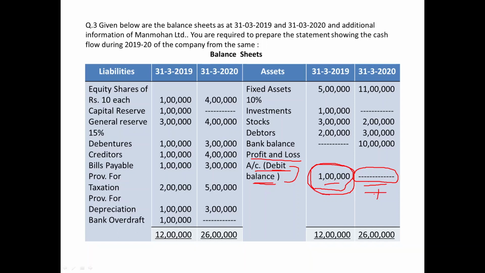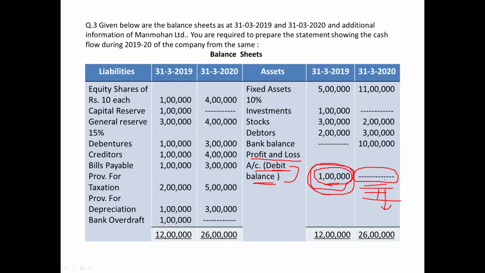The balance of profit and loss appropriation account became nil in the current year. कंपनी ने इस साल में 1 लाख रुपीस का प्रॉफिट अर्न किया है, तभी तो जाके पिछले साल की जो डेबिट बैलेंस थी, जो लॉस बैलेंस थी रुपीस 1 लाख की, वो वाइप आउट होकर इस साल में नील हो गई, क्योंकि इस साल में 2020 में कंपनी ने 1 लाख का प्रॉफिट अर्न किया है.